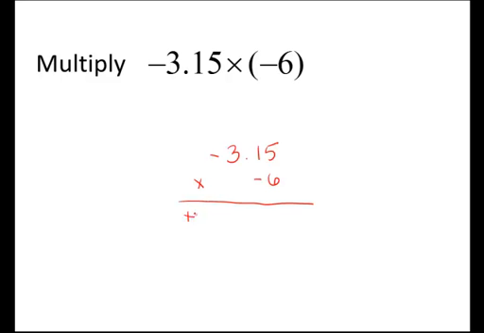I begin by multiplying 6 by 5 above. 6 times 5 is 30. I'll write the 0 and carry the 3. 6 times 1 is 6, plus 3 is 9. 6 times 3 is 18.